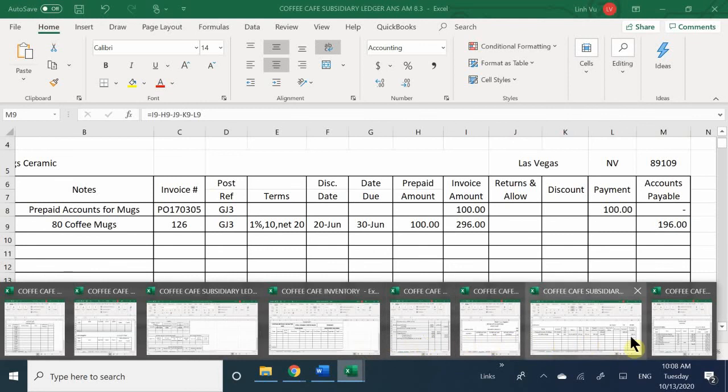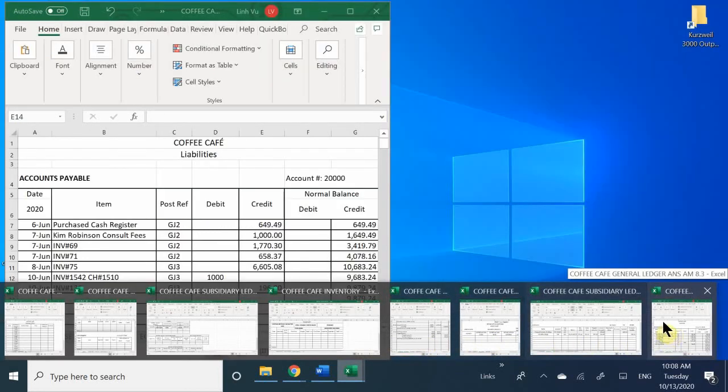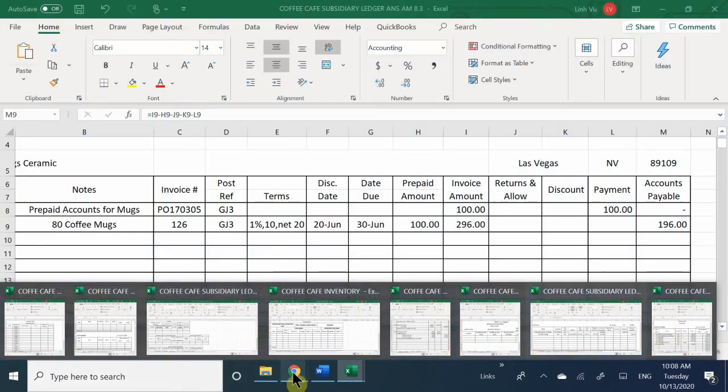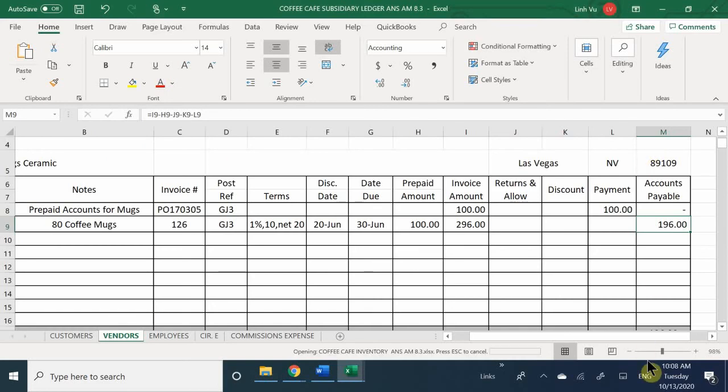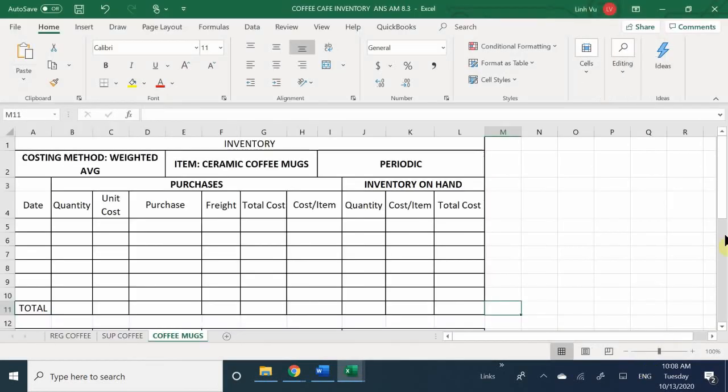Now, the last thing that we have to do is what I was trying to introduce to you this morning: we're going to finally tap into our inventory worksheet. Okay, so here it is, the inventory worksheet. I've actually already created the table itself, and I also let you know what you need to do.